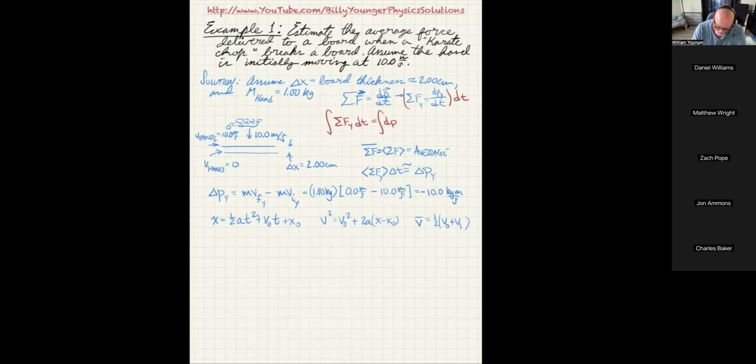But what we're going to do here is take the average velocity as 1/2 of the initial velocity plus the final velocity. The initial velocity, of course, is 10 meters per second. The final velocity is 0. So 1/2 of 10 plus 0 is 1/2 of 10, which is 5 meters per second. So the average velocity is 5 meters per second.